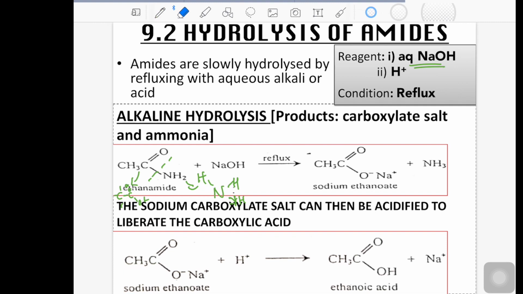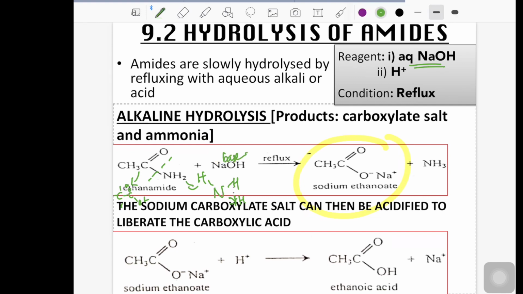Single bond. Okay, right, so you get a carboxylic acid and an ammonia, but why do you get sodium ethanoate? This is because the carboxylic acid that you form initially will straight away react with base. Sodium hydroxide is a base.